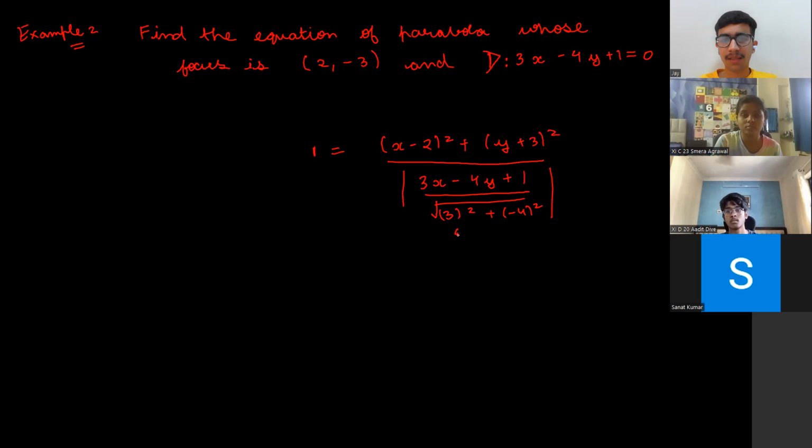Right? 9 minus 16 is negative, so inside the square root we get a negative, that means complex numbers. So something is off here, okay, fine.